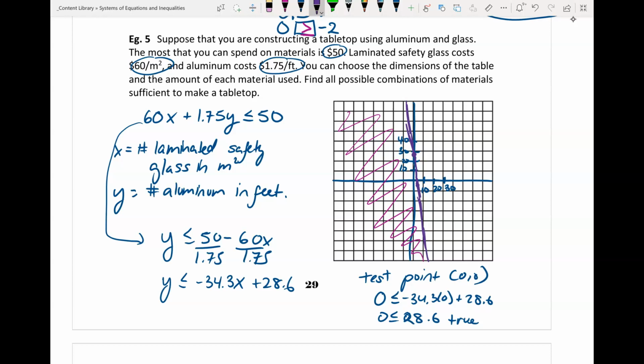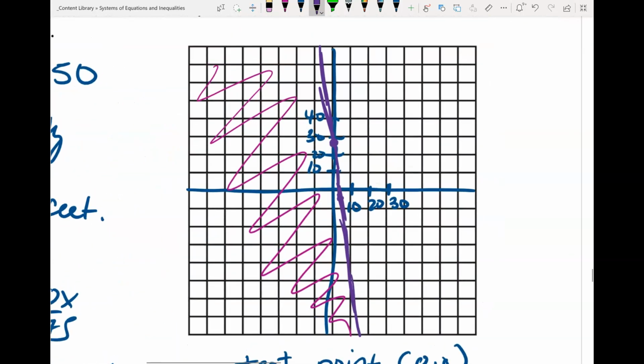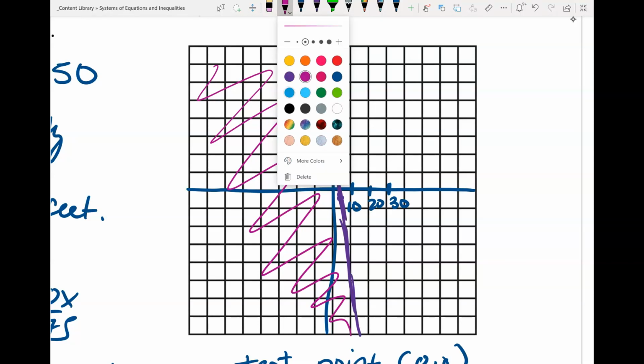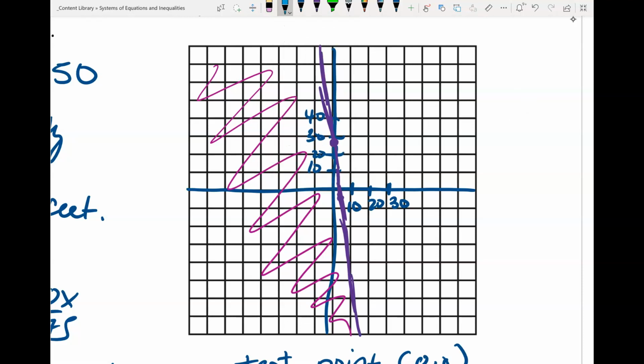So x and y both have to be positive. That means the only region I'm going to consider is the one that's bounded by (0, 0) and positive x and positive y values. So it's going to be this right here. And that is the only shaded region that we actually should have, not that. So that little blue region is our final answer.